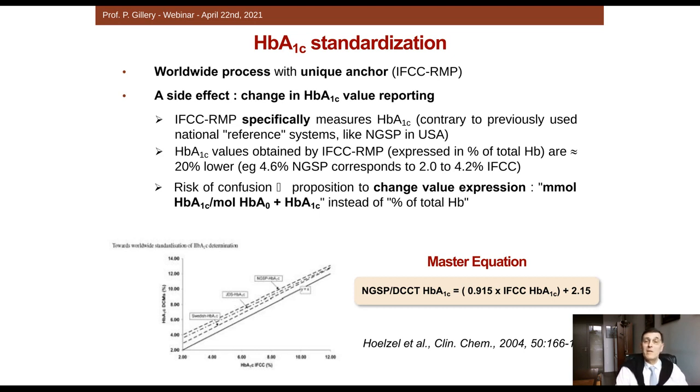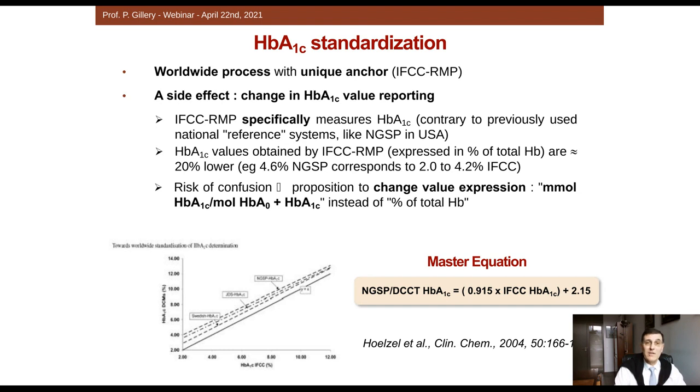HbA1c values obtained by the IFCC RMP when expressed in percentage of total hemoglobin are about 20% lower than those obtained by the NGSP method.